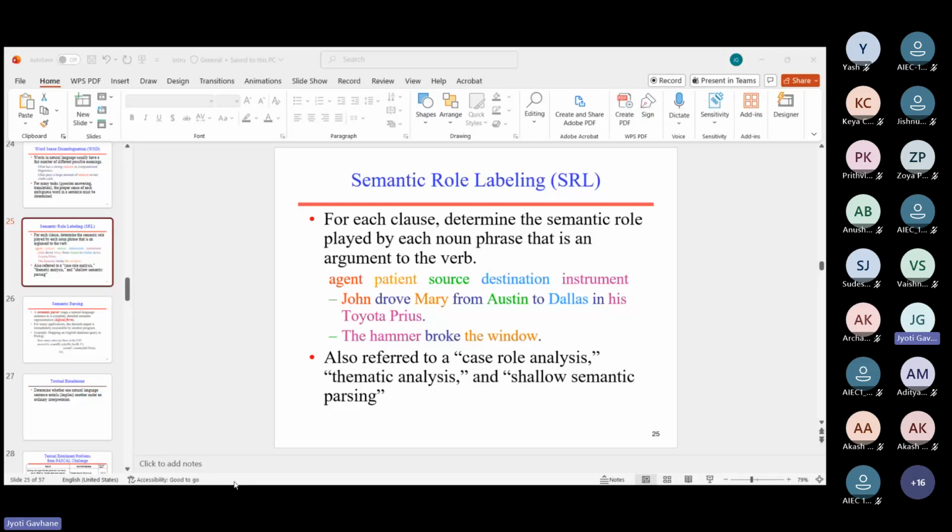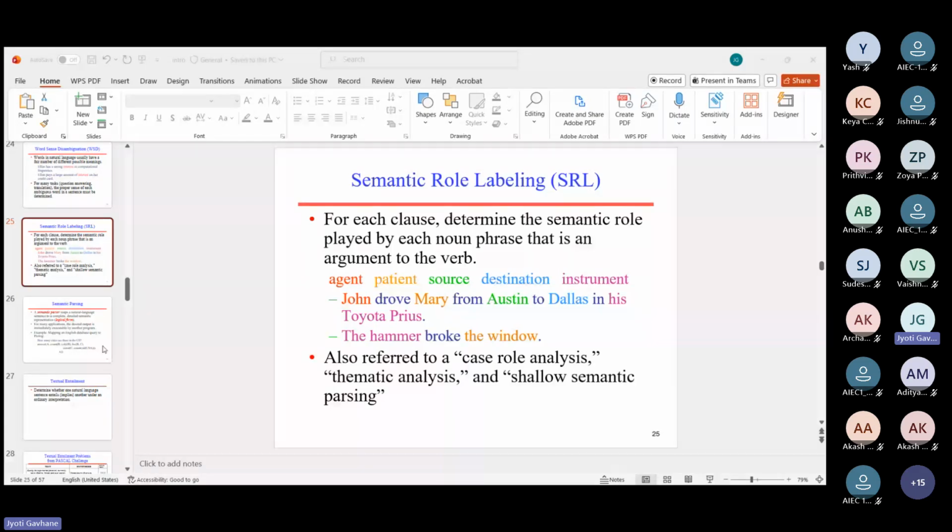Remember this. That's why semantic analysis is more difficult than syntactic analysis. There are so many things you need to understand and make the machine understand.